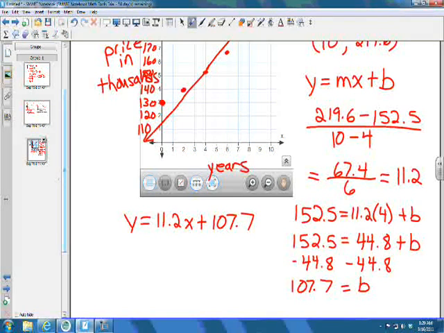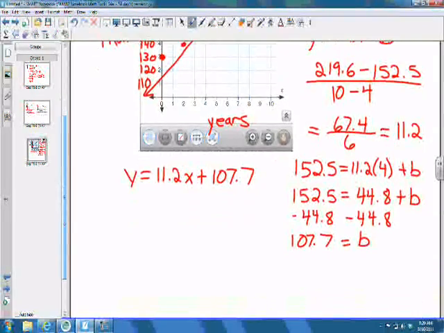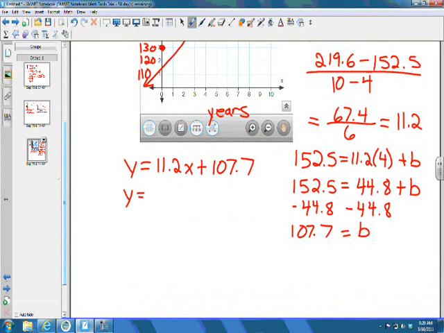Looking down there at C on page 87, it says predict the median price in 2014. So since years is our X value, that's where we plug that in. How many years since 94 is 2014? 20.